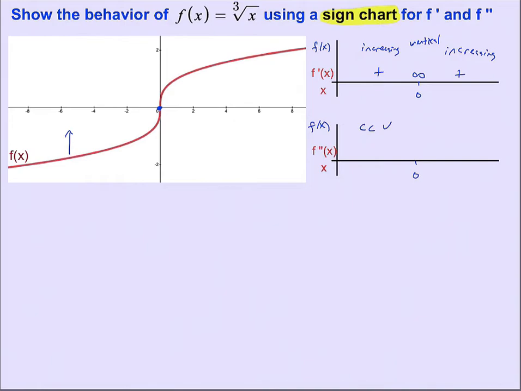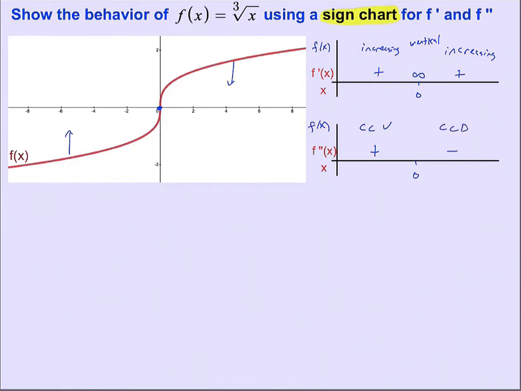And that means that f double prime of x must be positive. On the other hand, when x is bigger than 0, we can say that f double prime of x must be negative, because we can see on the graph that f of x is concave down.